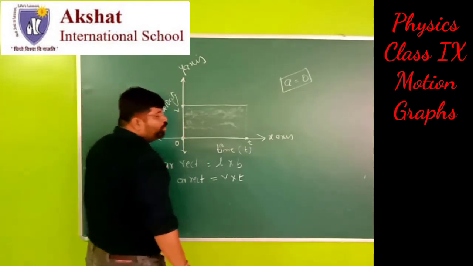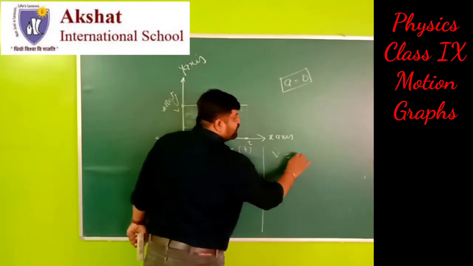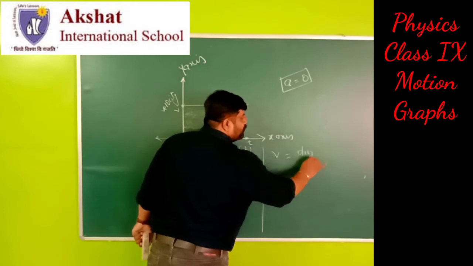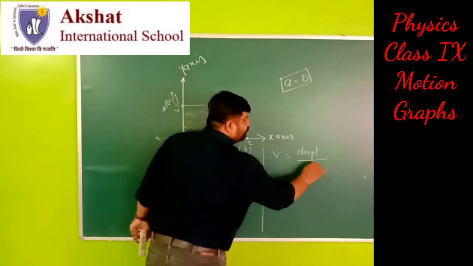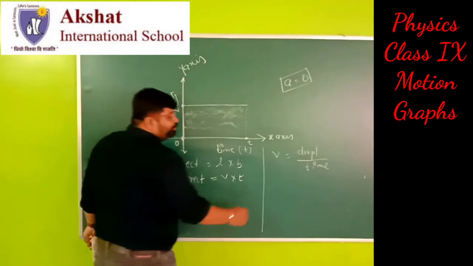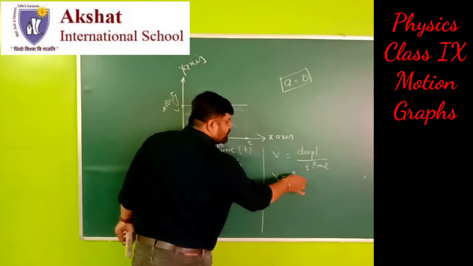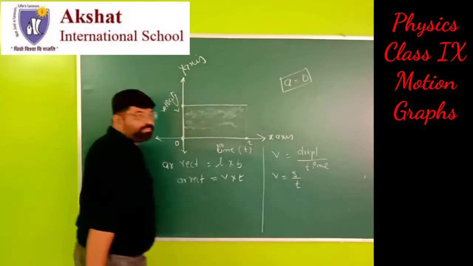Now we all know that velocity is displacement upon time. That means I can write V is equal to S upon T.